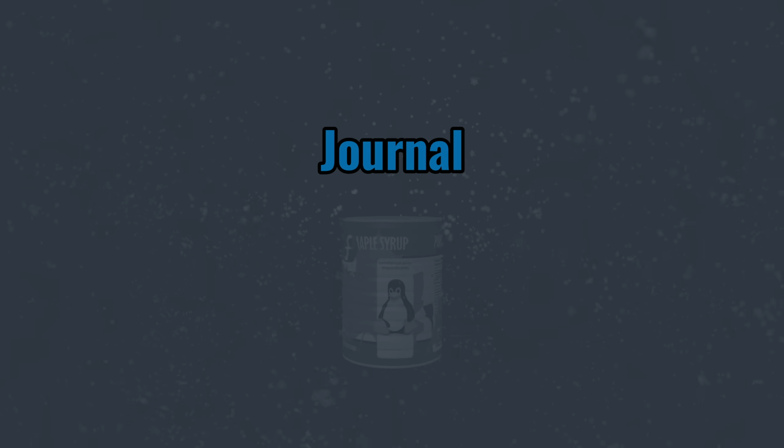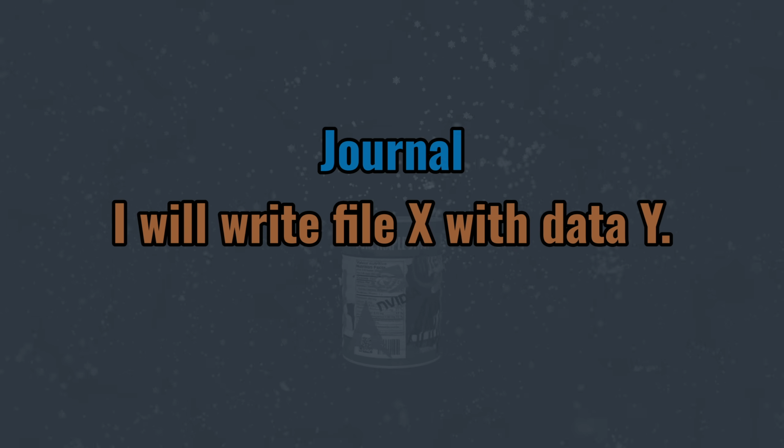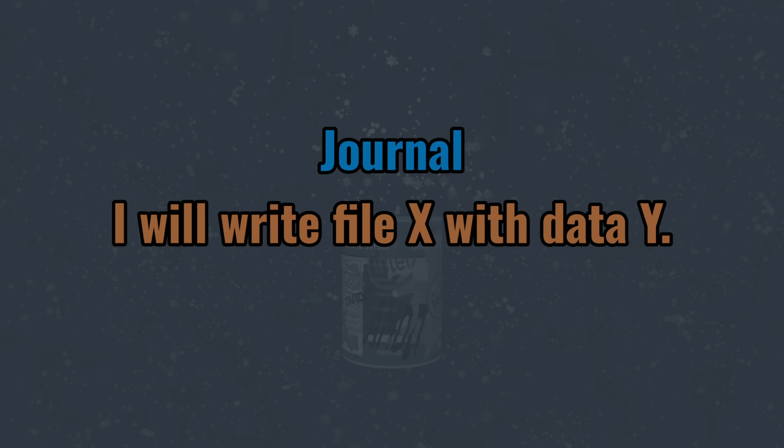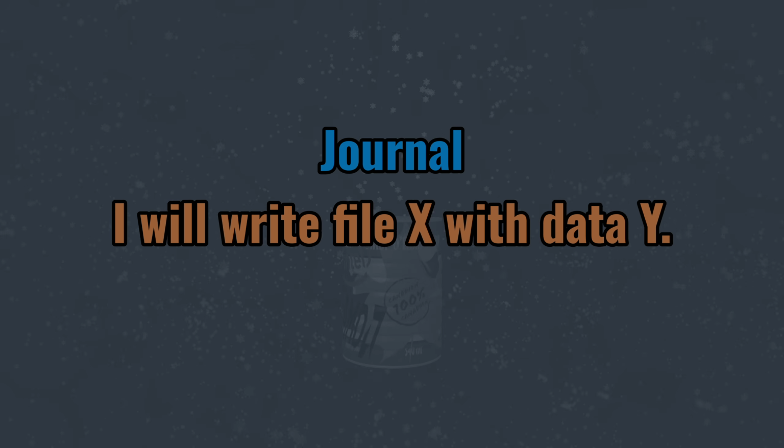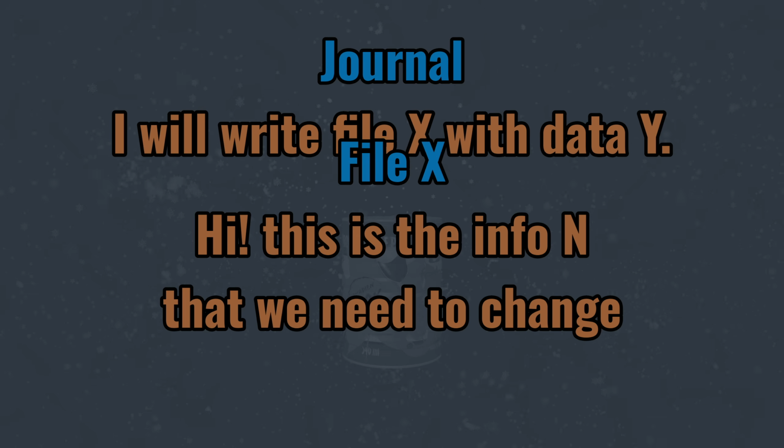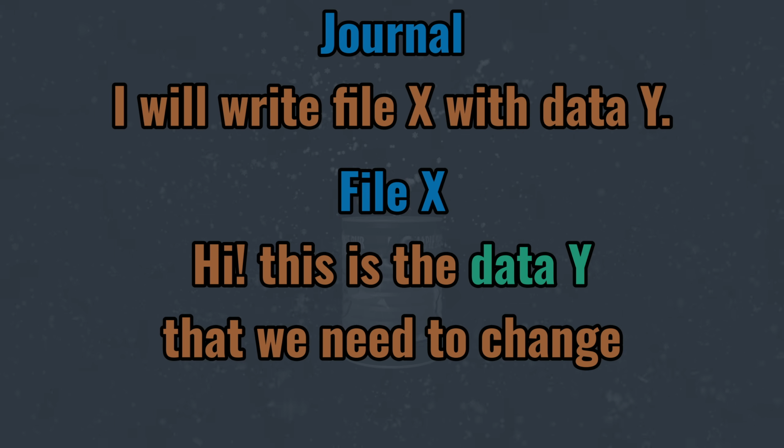So to be able to fix this, they added a journal. Now the journal is just you writing what you're going to do with an end character and then doing it. So for example, you write, I am going to write file X with data Y, and then you put a dot to say that you have finished that command. So you write the information at the appropriate place, and then you're done.